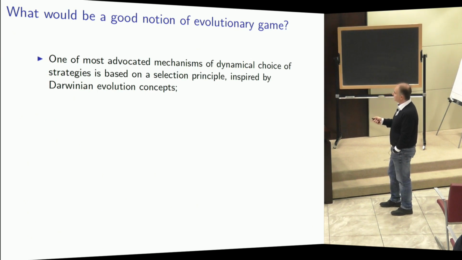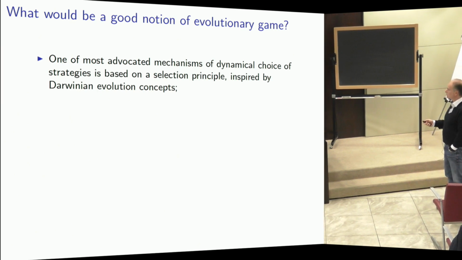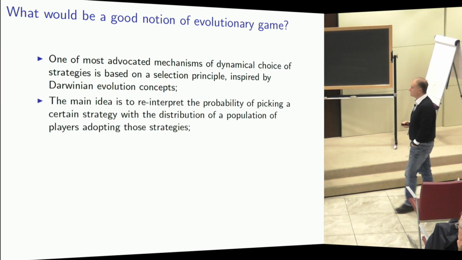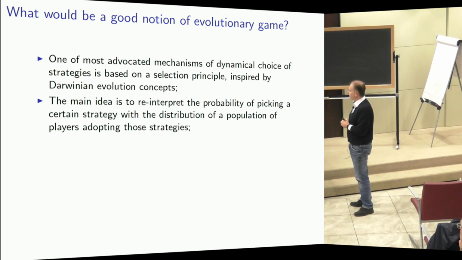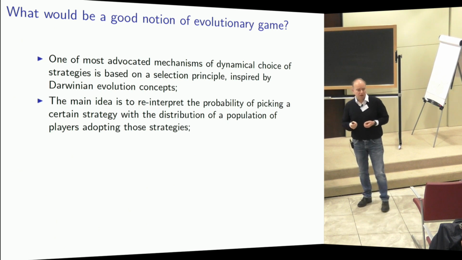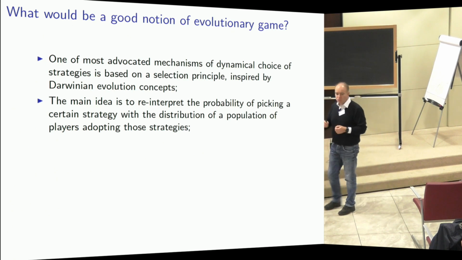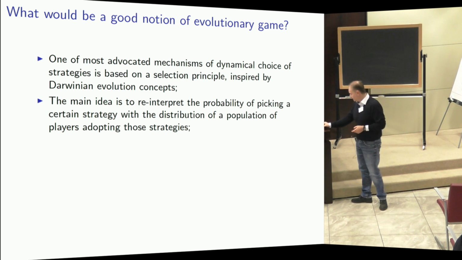One of the most advocated mechanisms in the field, according to our literature search, is based on a selection principle inspired by a sort of Darwinian evolution concepts. In particular, you would like to reinterpret the probability of picking a certain strategy as instead the distribution of the populations of players adopting these strategies.